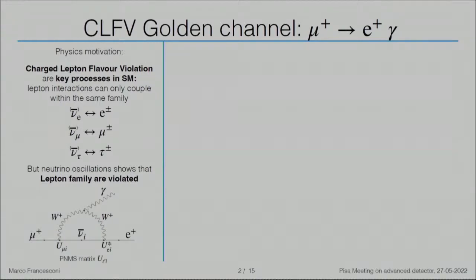But the neutrino oscillations show that this kind of process can happen, so the lepton families are indeed violated. And this is the contribution that we have from the standard model to the mu to e gamma decay, which is way below the experimental limit, so the experimental reach. So any evidence of this kind of decay is a direct evidence of new physics.